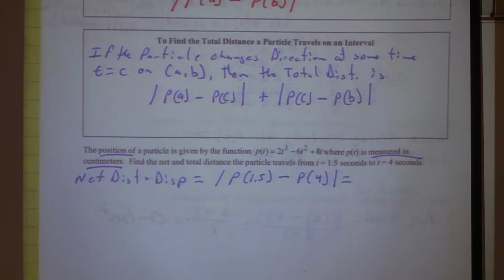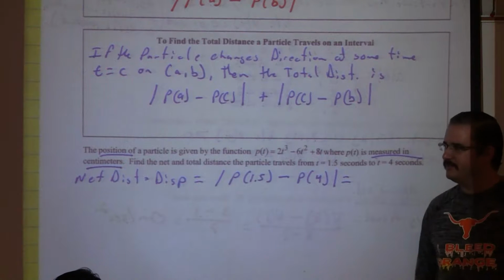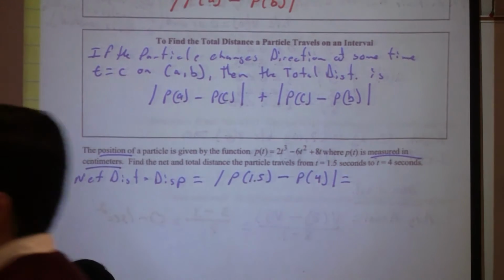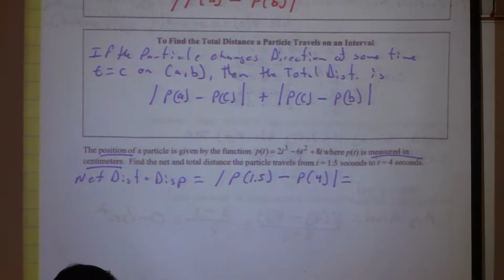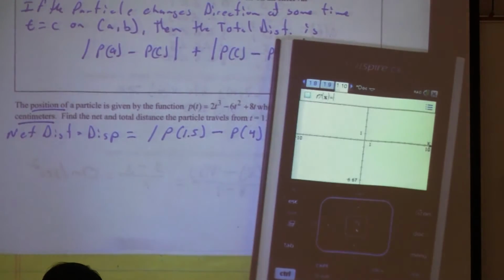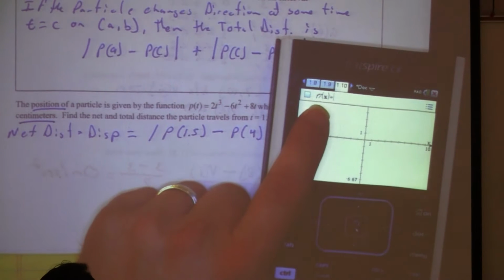So this is where your calculator will come into play. There are many ways that this can be done. Let me show you one way that I thought was kind of cool, and then you decide whether you like it or not. Okay? Ready? So what I'm going to do is first enter this function into the calculator under a graph page. I'm going to pay attention to which function it is.